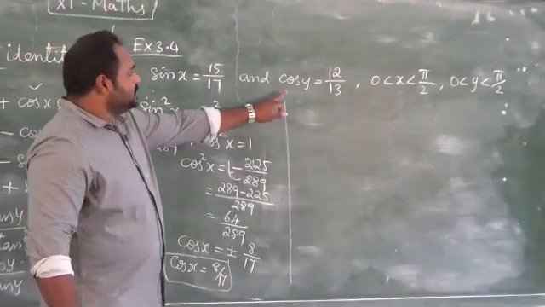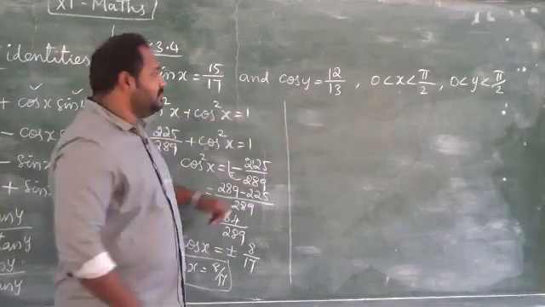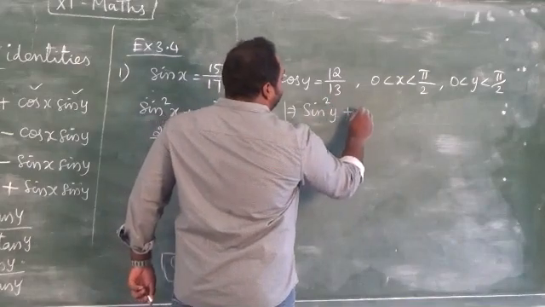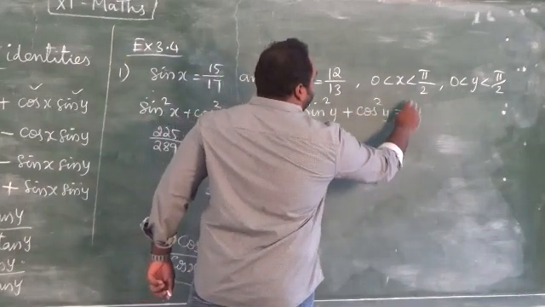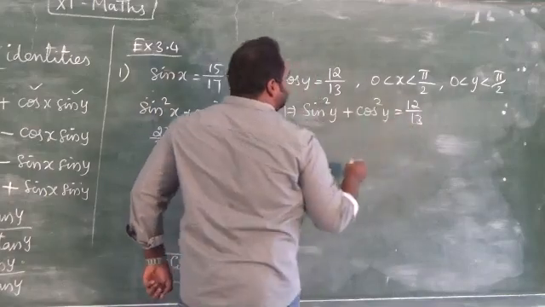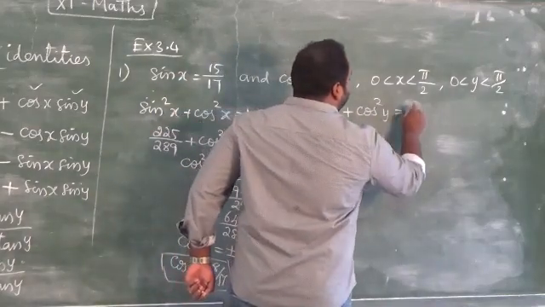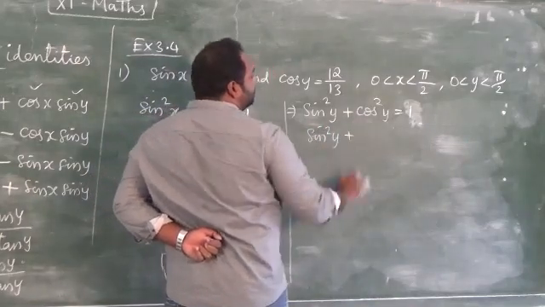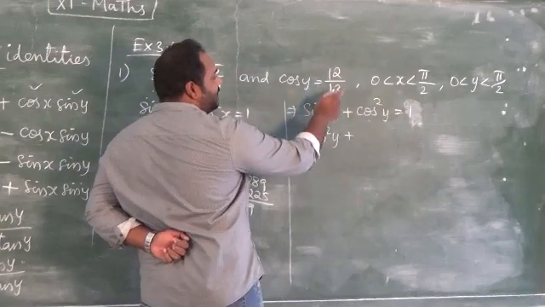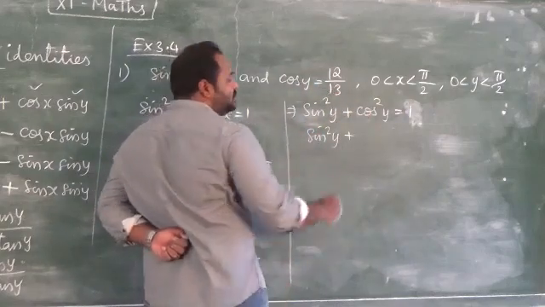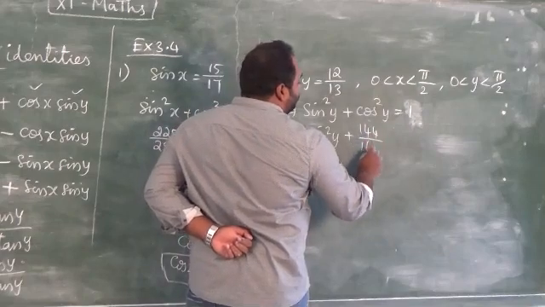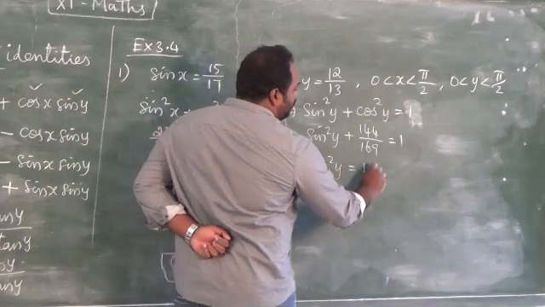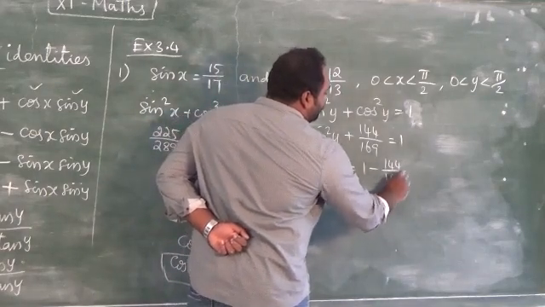Next, using this value, I am going to find the sin y value. Here I am going to use the same identity, sin square y plus cos square y equal to 1. Here cos y is 12 by 13. If you square that value, 12 square is 144 over 169, plus sin square y equal to 1. So sin square y equals 1 minus 144 by 169.